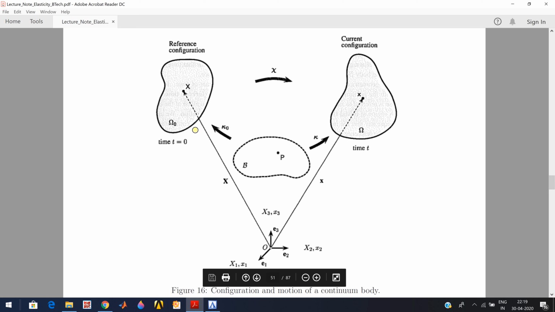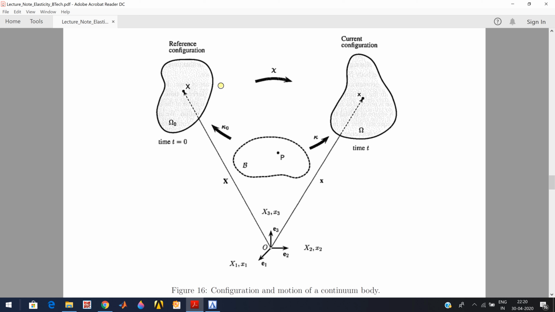One is at the starting of the deformation, so at time t equal to 0, or sometimes this can be termed as t equal to t0, or t0 is often taken as 0. So at the initial time, what is my configuration of the continuum body? That is termed as the reference configuration, or sometimes we call it the undeformed configuration.